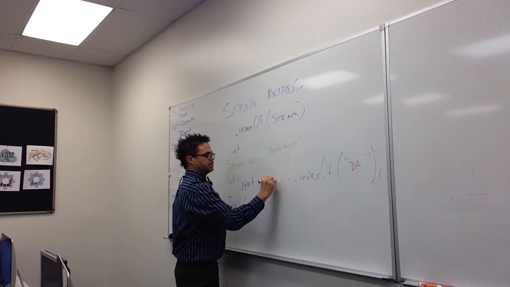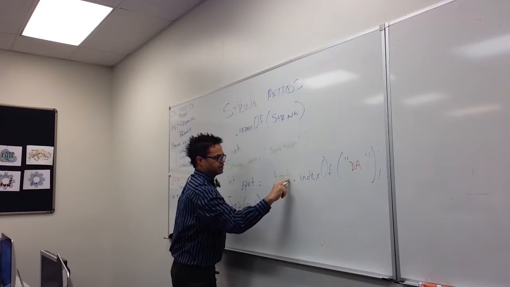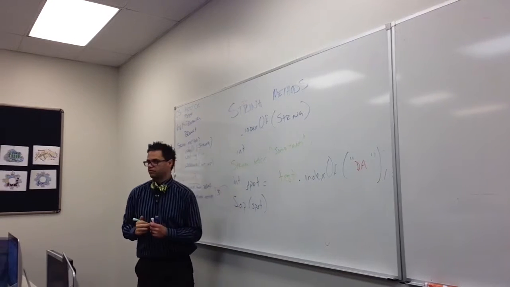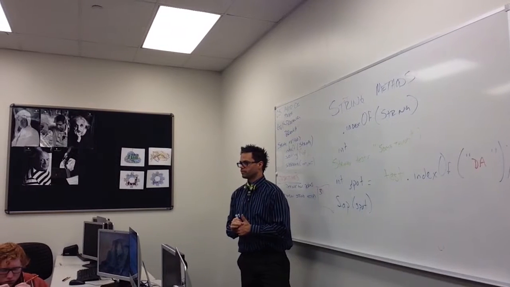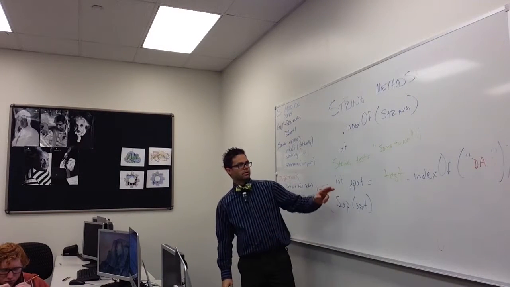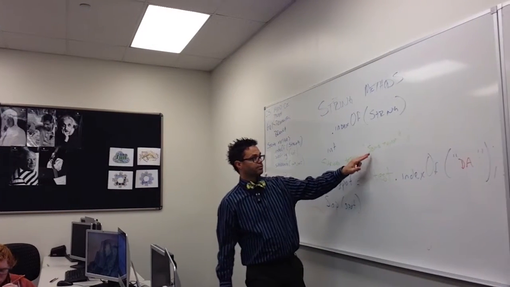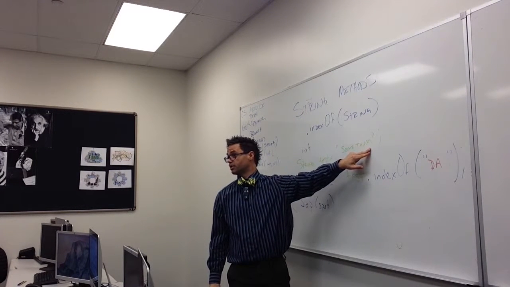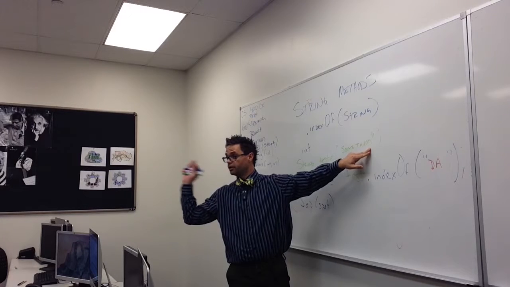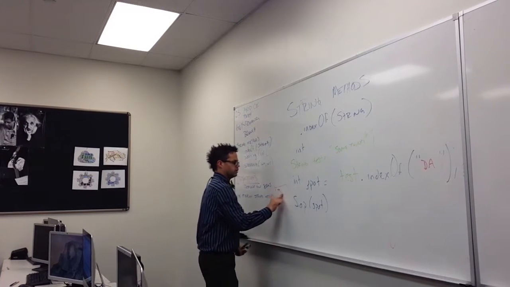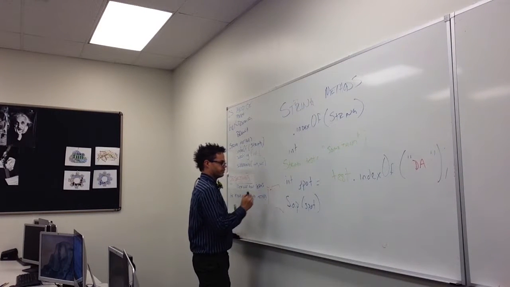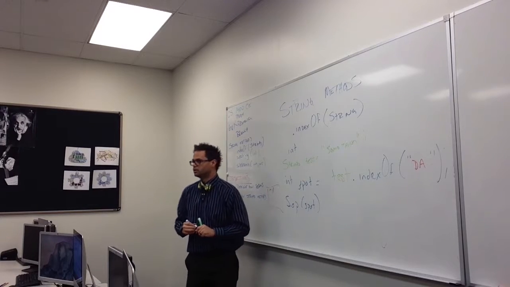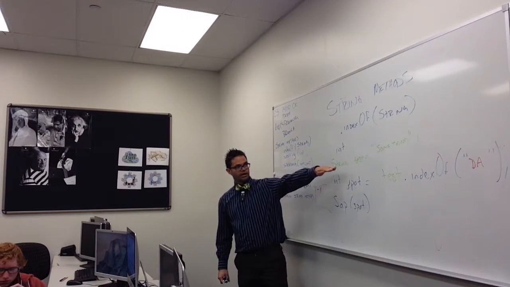And then I do test dot indexOf DA. So, no D, no D, no D, no D. Oh, no D's. So my indexOf is going to be what, everybody? -1. Hooray. So, I can use it like that.